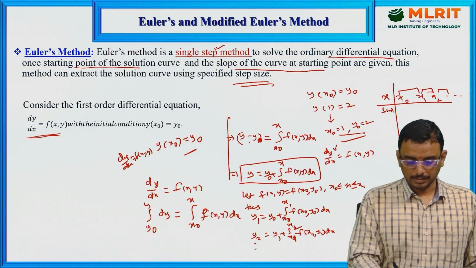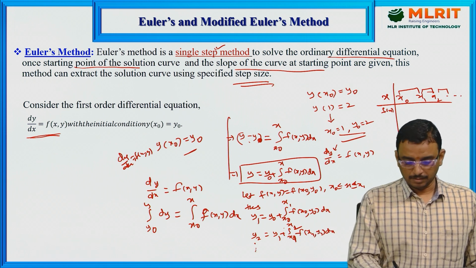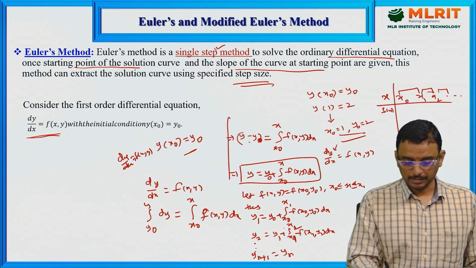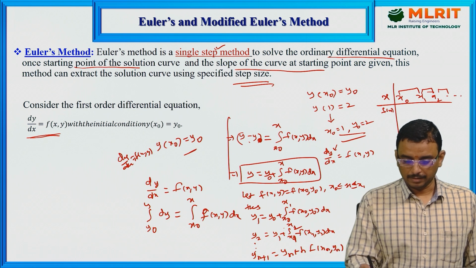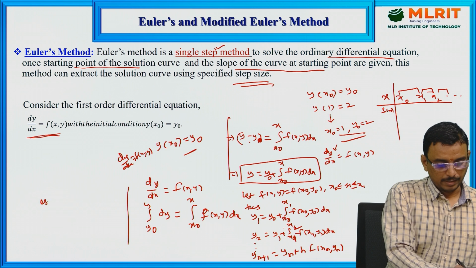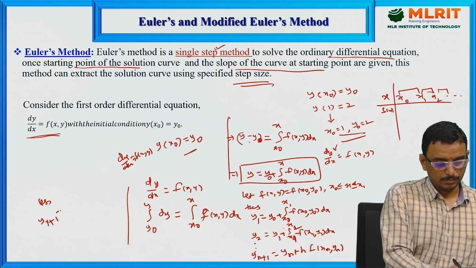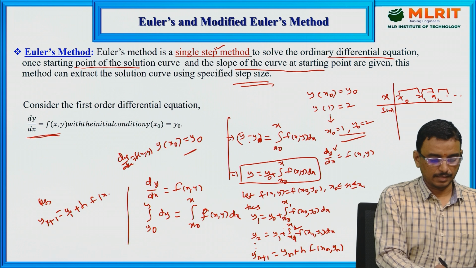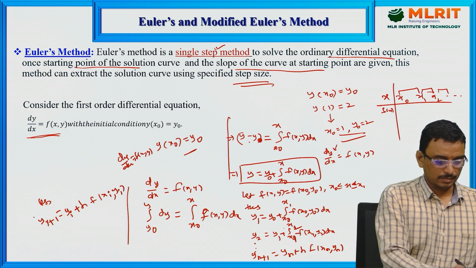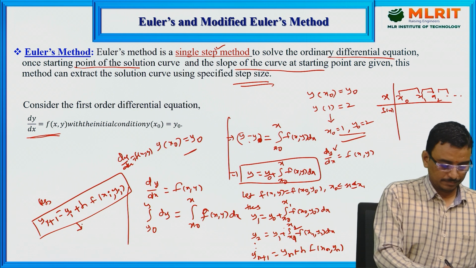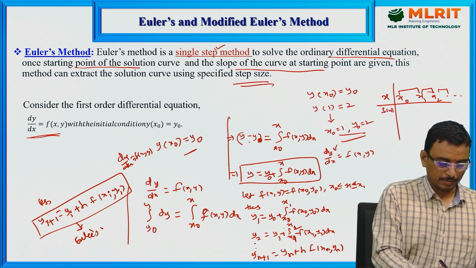Similarly, we can write y n plus 1 is equal to yn plus h into f of xn comma yn, or we can represent this as y i plus 1 is equal to yi plus h into f of xi comma yi. So this is called Euler's method formula.